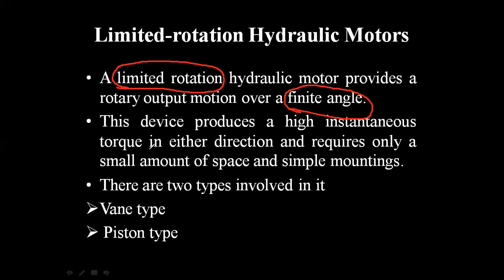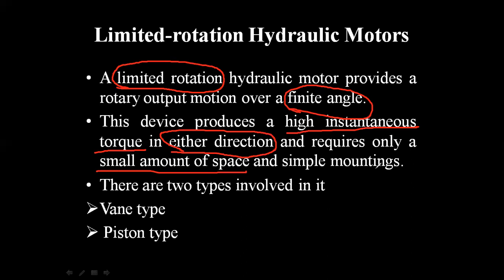When the rotation is limited, high instantaneous torque is created, either in one direction or in both directions, and this requires a very small amount of space compared to a continuous rotary hydraulic motor.